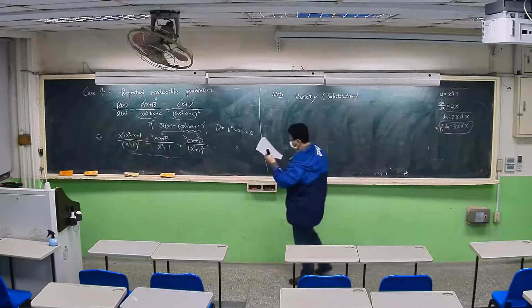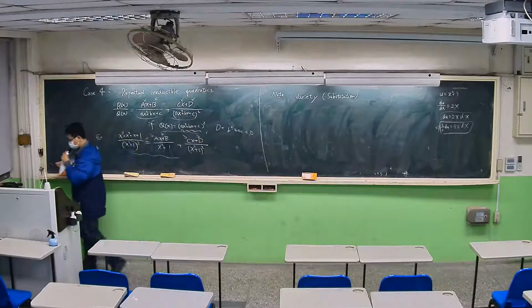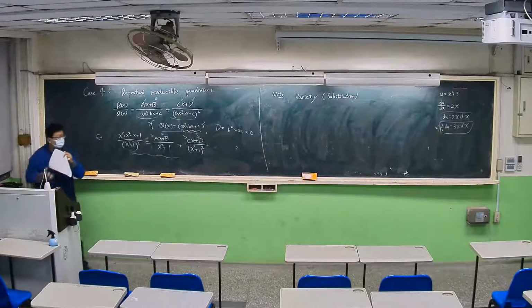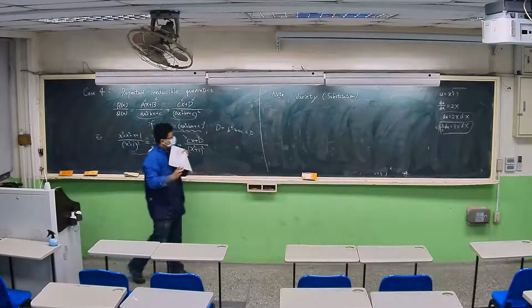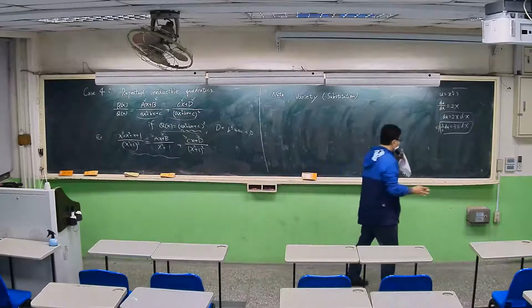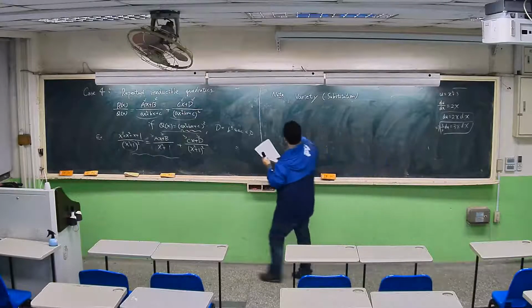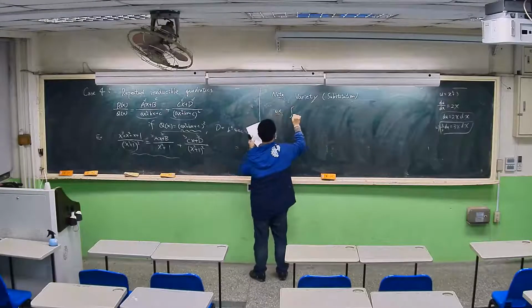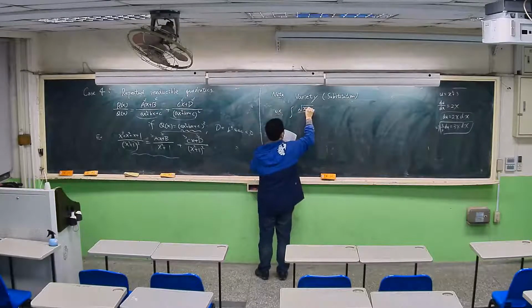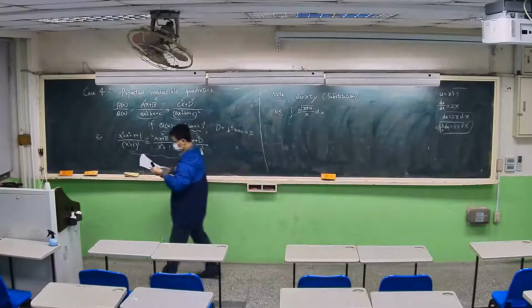You should use partial fractions, the way in section 6.3, to solve it. But before that, you should use some substitution to get the right form. For example, originally the example is the integral of square root of x plus 4 over x dx.